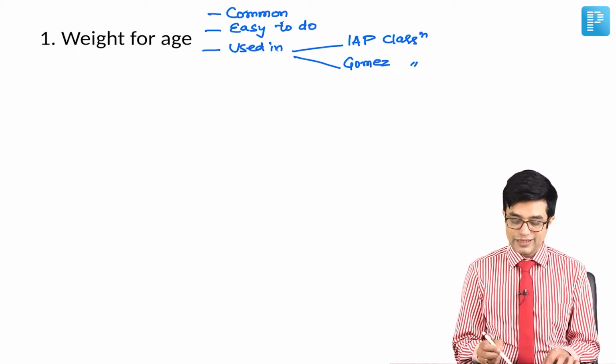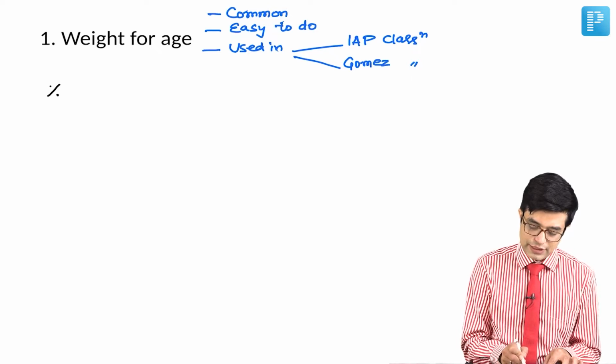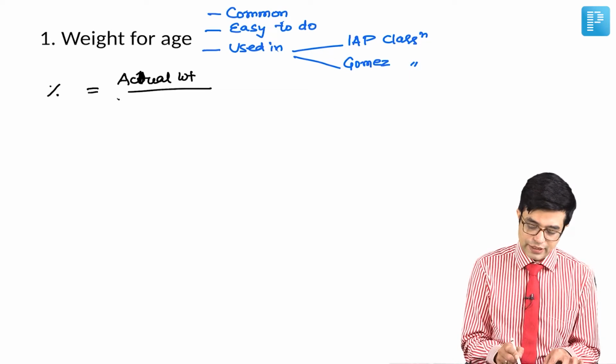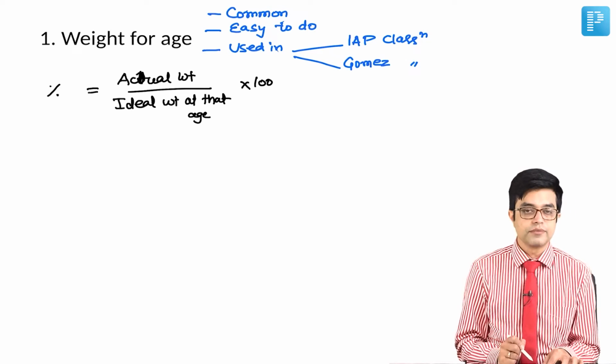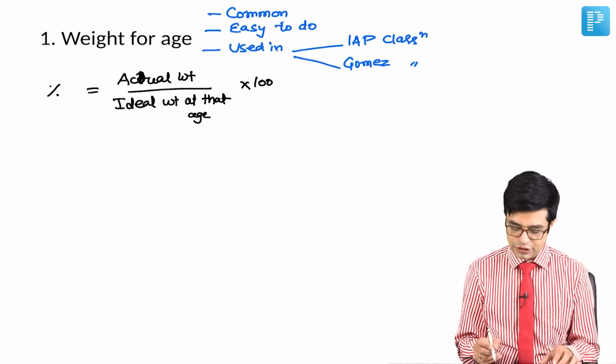How do you calculate the percentage weight for age? The formula says percentage weight for age is calculated by taking the actual weight of the child, dividing by ideal weight at that age, multiplied by 100. Then you can use either IAP classification or Gomez classification.